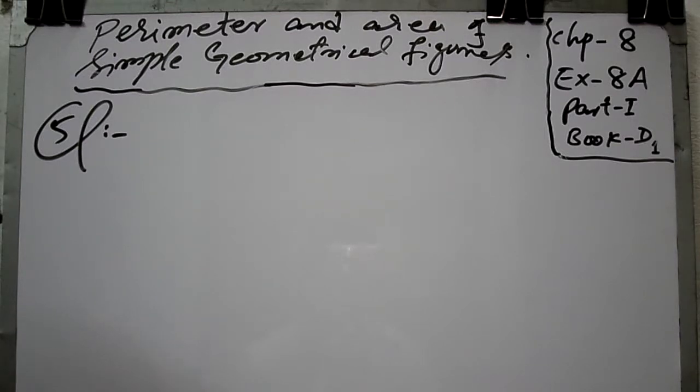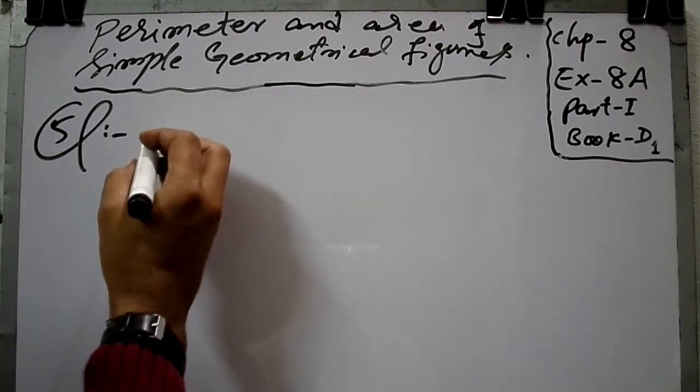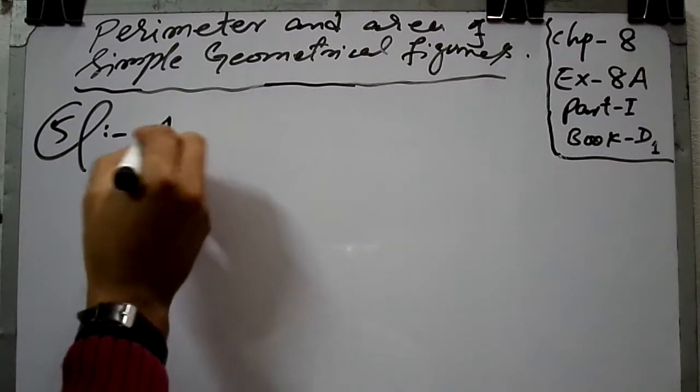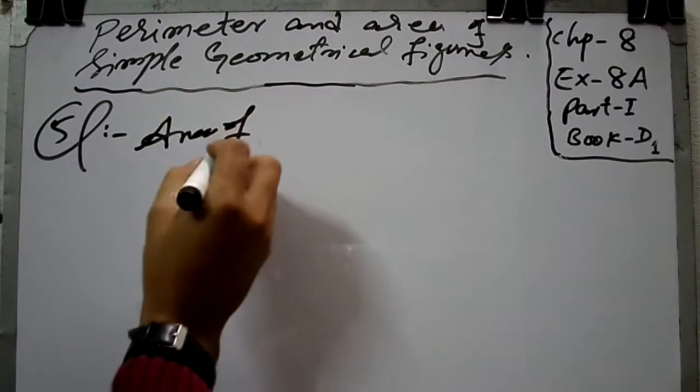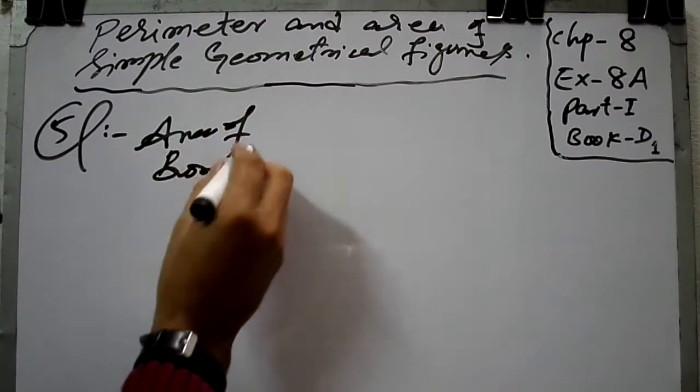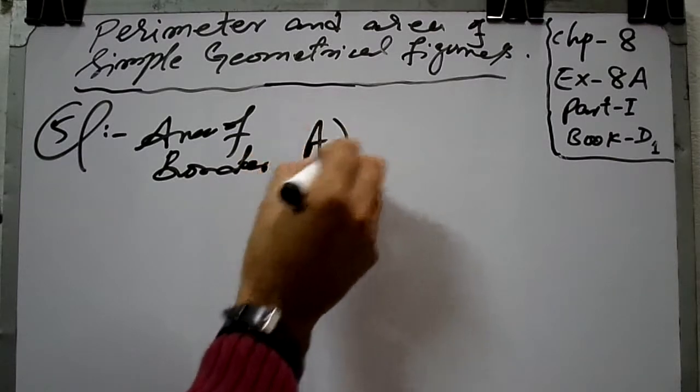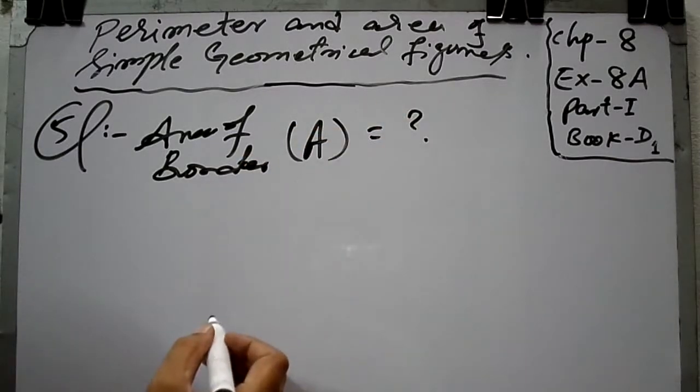Find the area of the border. First of all, we have to find the area of border, that is what we have to calculate.